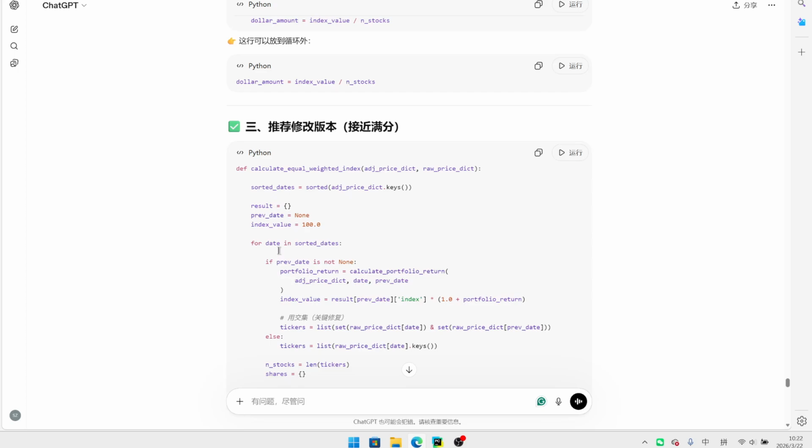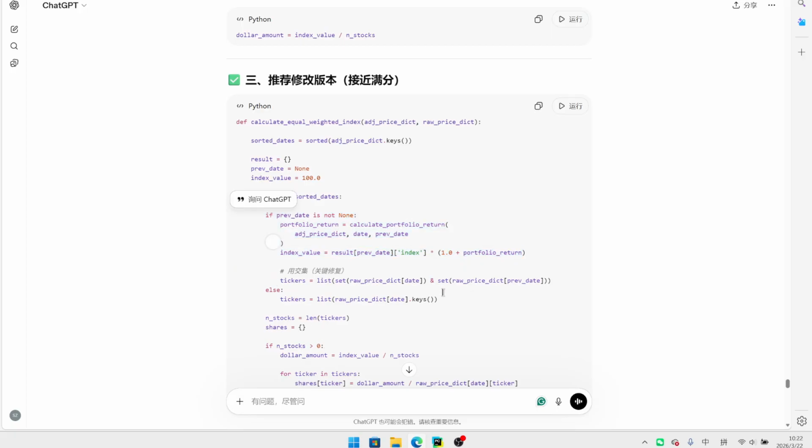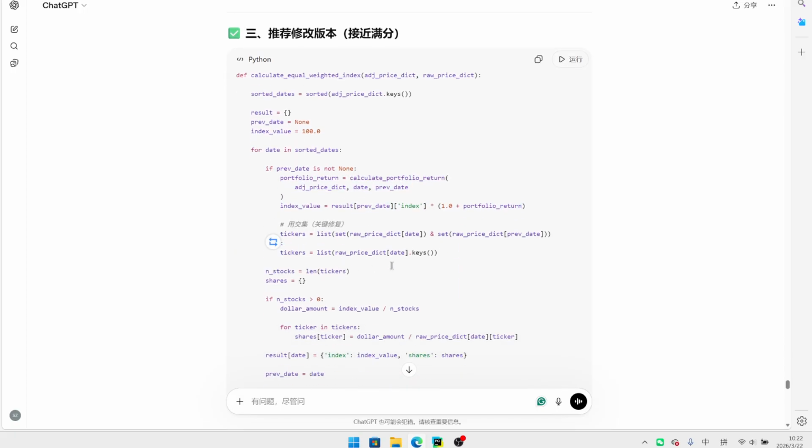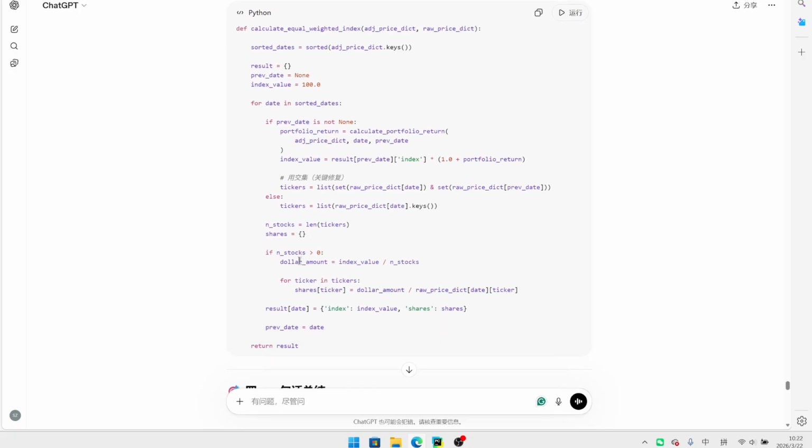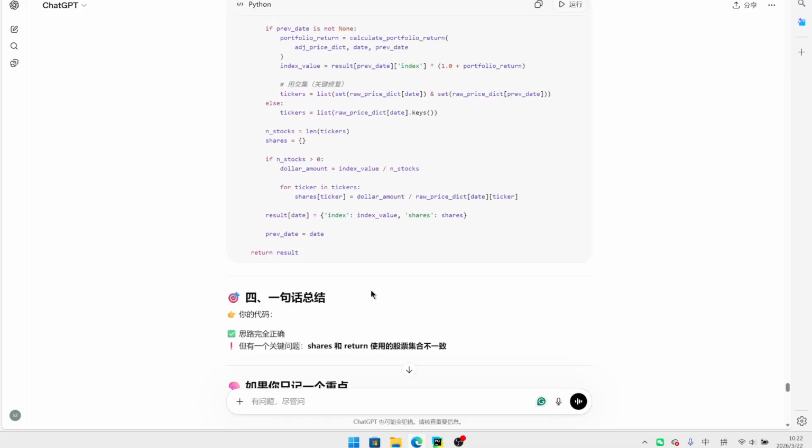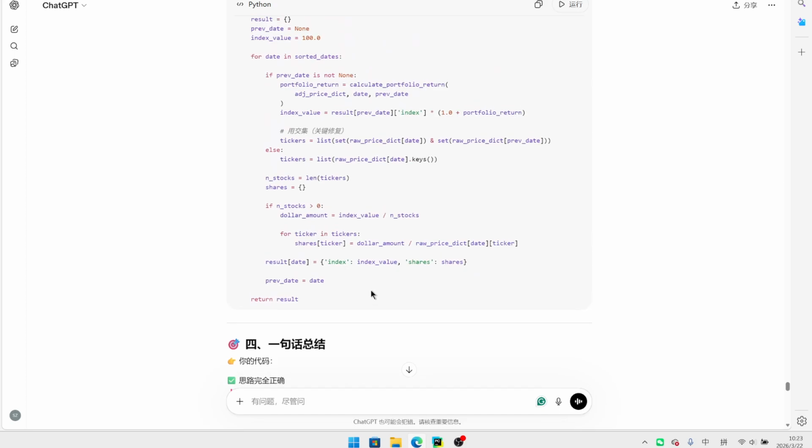Dollar amount, if ticker is not none, this is incorrect. Ticker is the list rather than key. Number of select ticker if key. Dollar amount. I think 0 divided by 0 is also in the question.